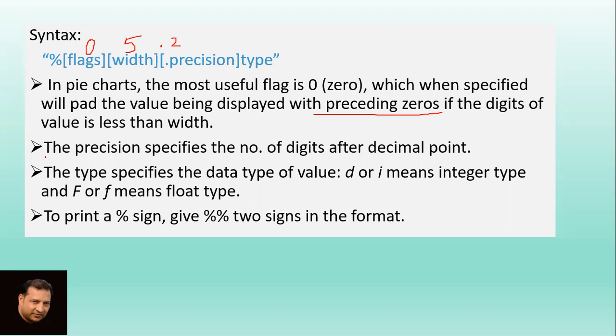The precision specifies the number of digits after the decimal point. The type specifies the data type of a value, such as if I write D instead of F, it means integer. If I write I, it also means integer.